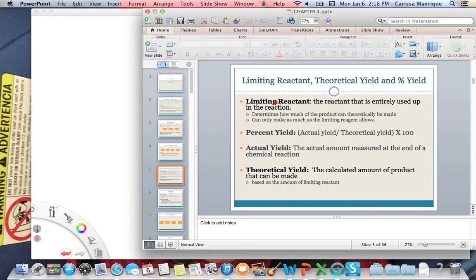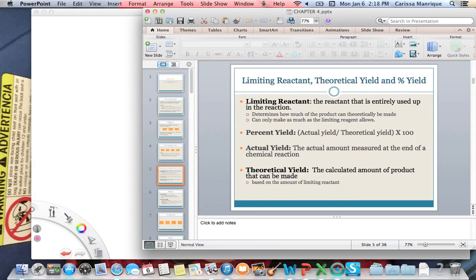And the limiting reactant or reagent, this tells us what reactant is entirely used up in the reaction. And it tells us how much product we can make. So let's think about a limiting reagent. Okay, let's say we're going to make Oreos.